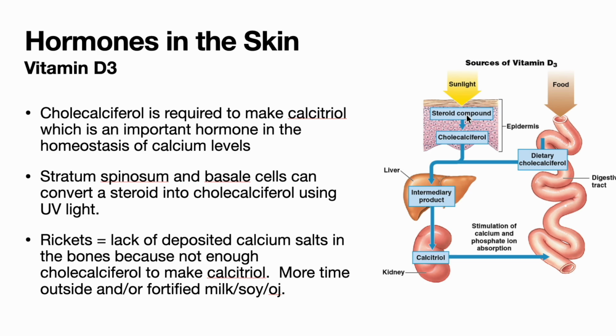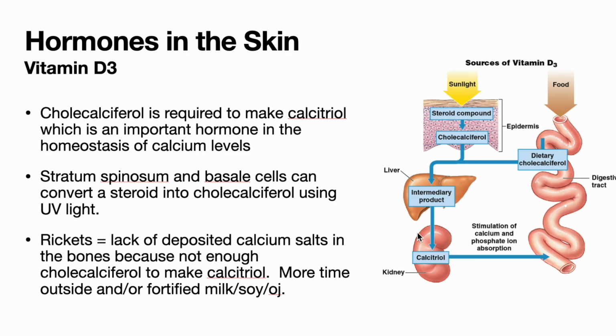And with sunlight, you can convert that steroid compound into cholecalciferol. And if you do that, cholecalciferol will travel to the liver, and the liver will convert cholecalciferol into another product. We're just going to call that the intermediary product. And that product from the liver will go to the kidneys, and the kidneys will convert it into calcitriol.